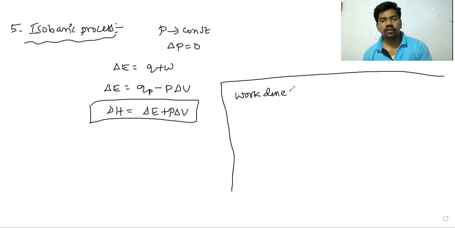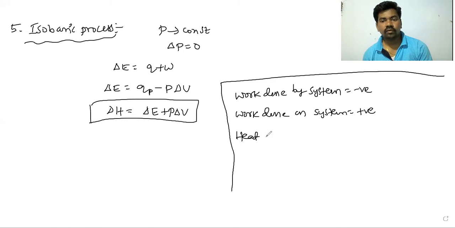Now we can write: work done by the system is always negative. Work done on the system is positive. Heat released by the system is negative.